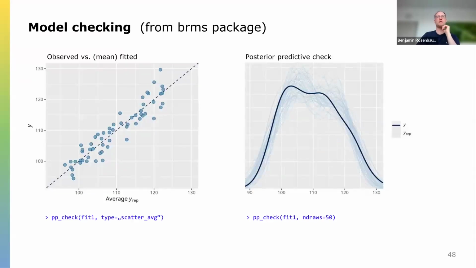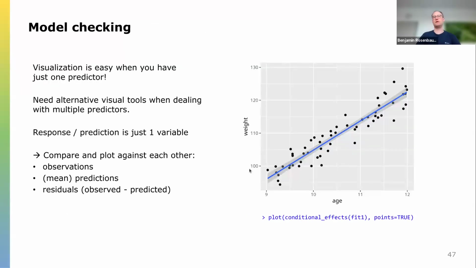However, there's a way of plotting the data and predictions independent of the number of predictors. And this is plotting the data against the prediction. Right, so here you're plotting the response and the predictor, both data and predictions in this plot.